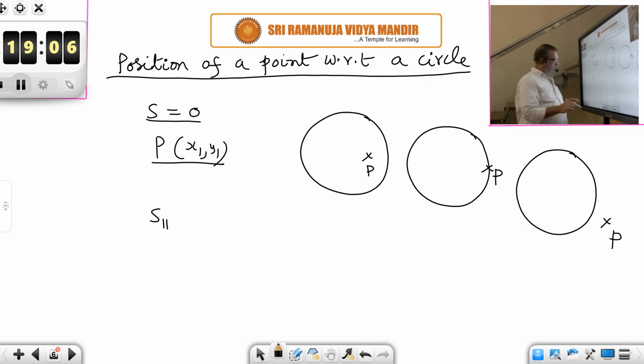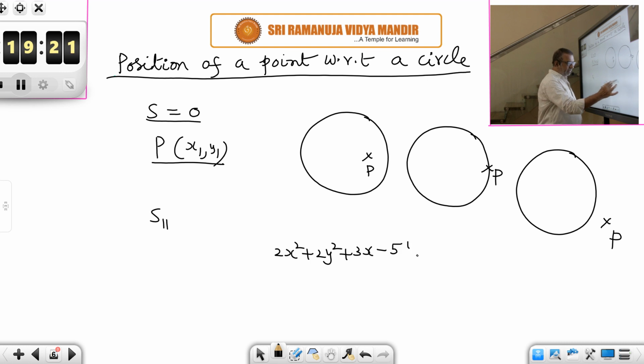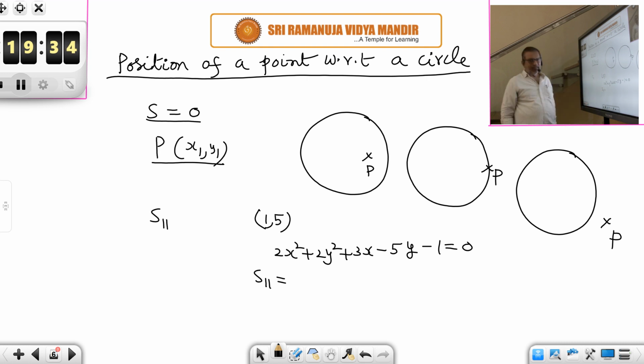But one caution: to calculate correct S11, first we have to make the coefficients of x square and y square 1. Suppose a circle is given 2x square plus 2y square plus 3x minus 5y minus 1 equal to 0, and the point is suppose 1 comma 5. So to calculate S11, you should not substitute 1 comma 5 directly.